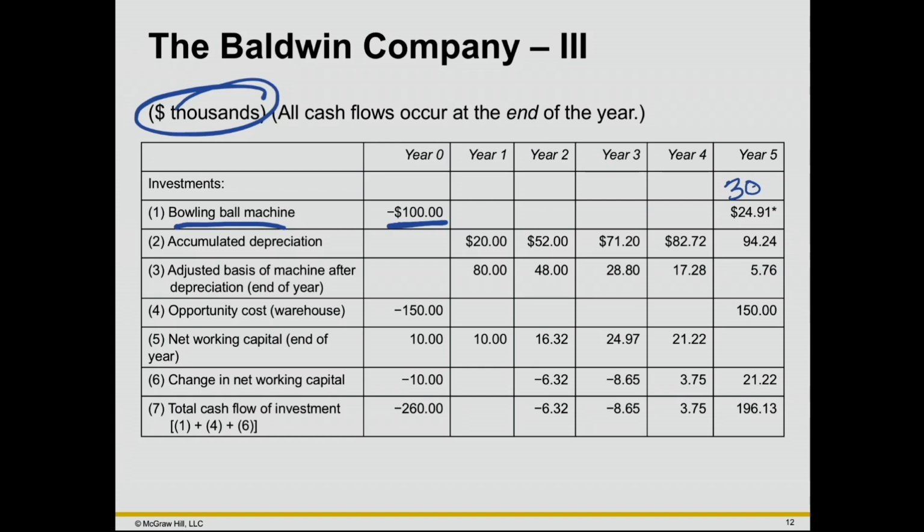But because we've depreciated most of the value of that machine and already taken deductions to our taxes for that, a good part of that 30,000 is going to be taxable. And we'll look at that detail in just a minute. In fact, we'll look at it when we get to the spreadsheet that I made that follows this problem. So the net after-tax cash flow for salvage is $24,910.